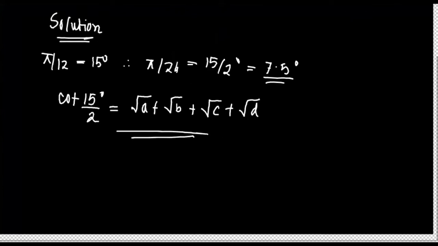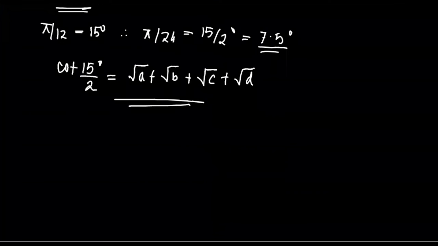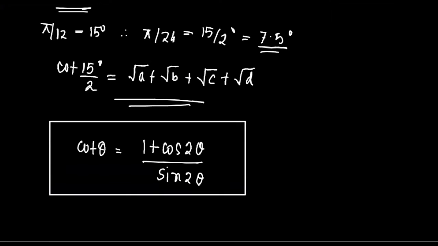Now always remember that there is, I cannot say it's a formula, but it's a derivation that cot theta comes by doing 1 plus cos 2 theta by sin 2 theta. This is very important. You can remember this one, that whenever we have to find cot theta and we have been given an angle like 15 by 2 or any angle which is divided by 2, we can use this formula.